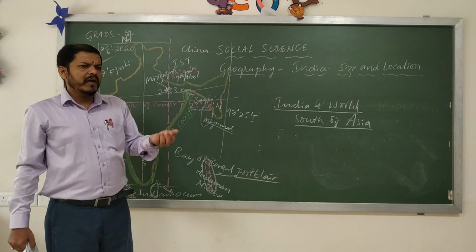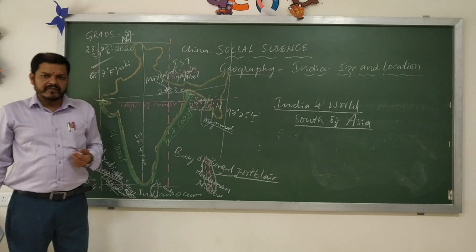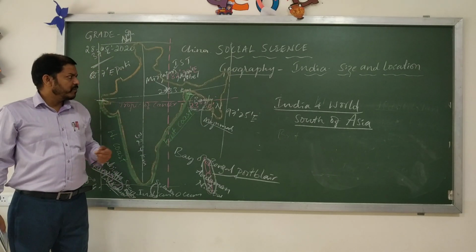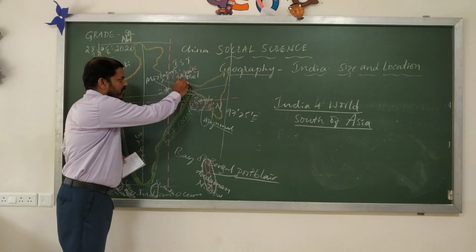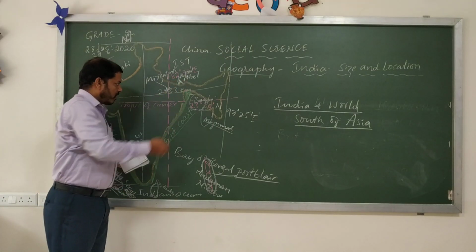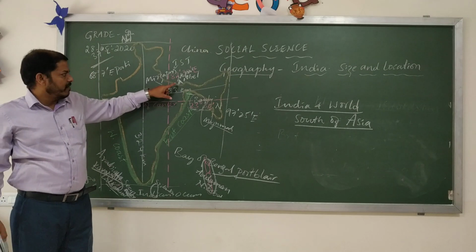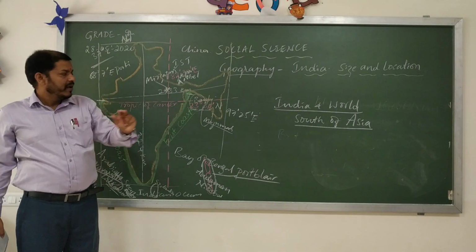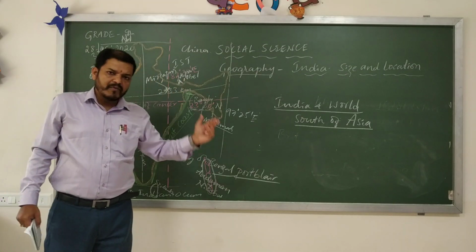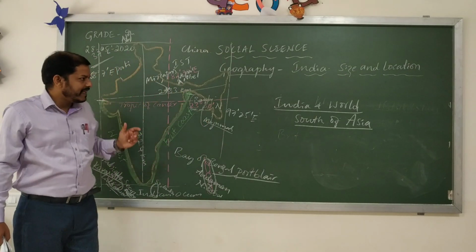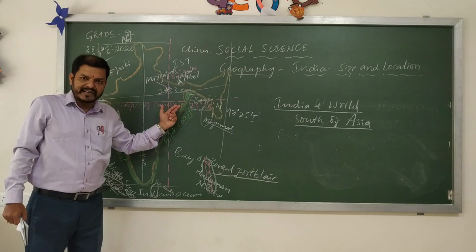With neighboring countries a lot of activities take place, such as export and import. Nepal is the country which depends on India for all its activities. Nepal is completely covered by hills, and only one side is open, towards India.